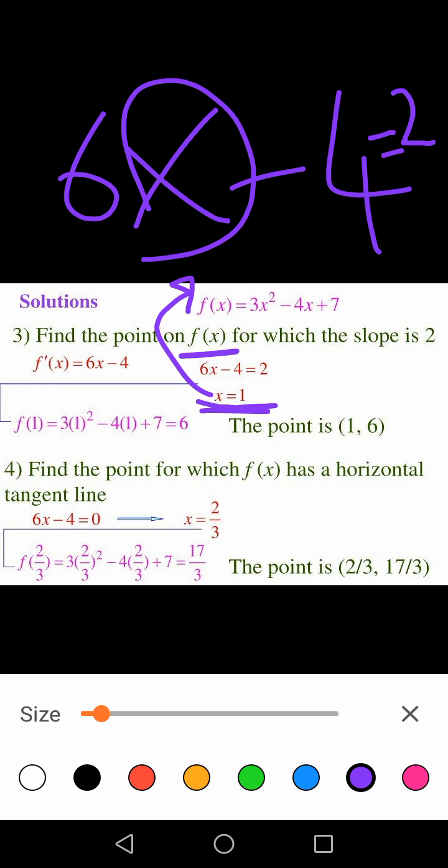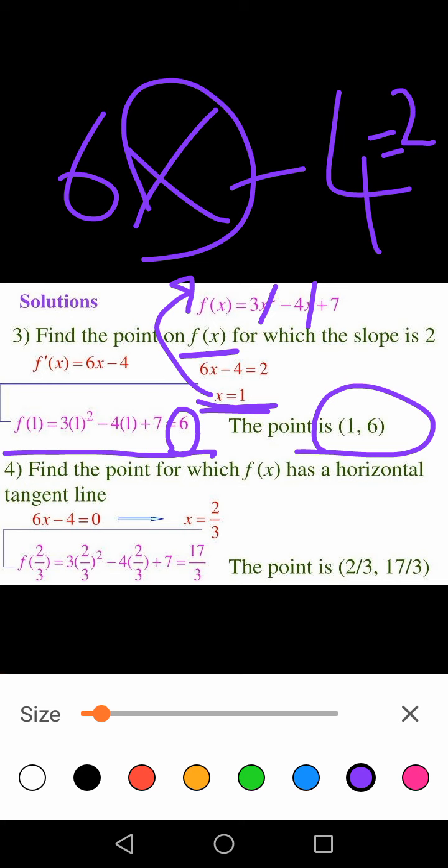So it will be the point (1, 6). As here he gave the value of x equals 1, substitute in this function. He removes x and puts 1 squared, removes x and puts 1, so the answer will be 6.